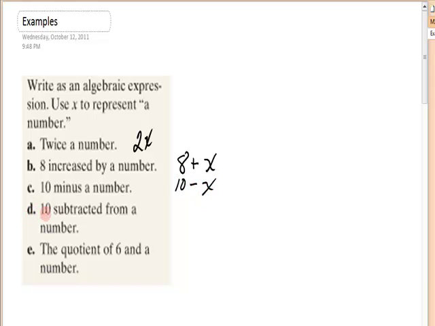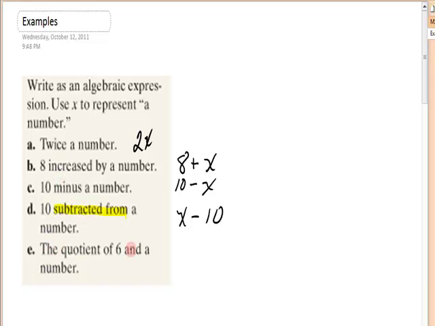Part D, 10 subtracted from a number. Subtracted from is one of the 2 reversing phrases. So when you read it, 10 subtracted from a number, the number comes first and you're subtracting 10 from it. All the rest of them are exactly in the order you read it.